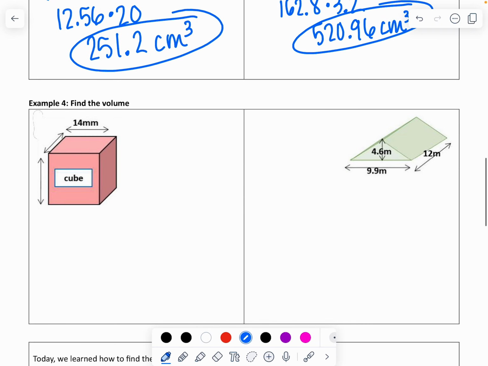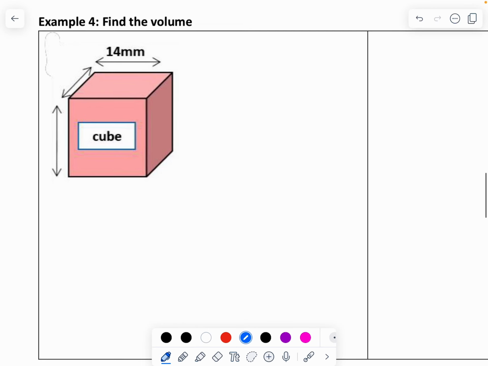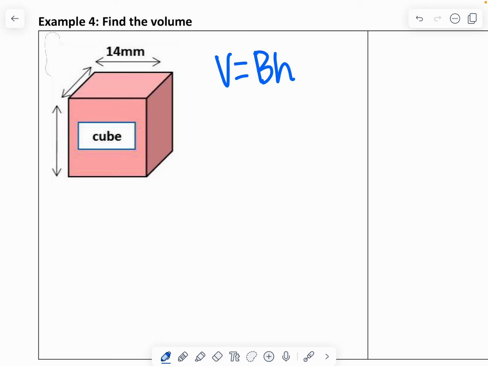All right, last 2 examples. So this one is a cube, which hopefully you know that means all edges are 14. So that's 14, that's 14, that's 14. Every edge is 14 millimeters. So when we solve this, we still use V equals big B times little h.